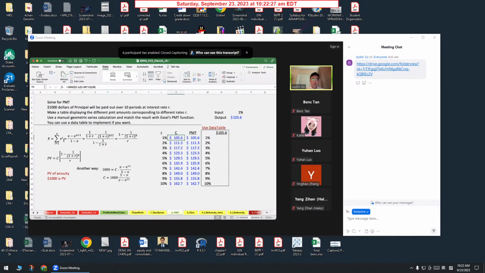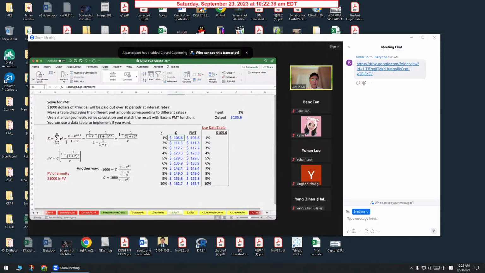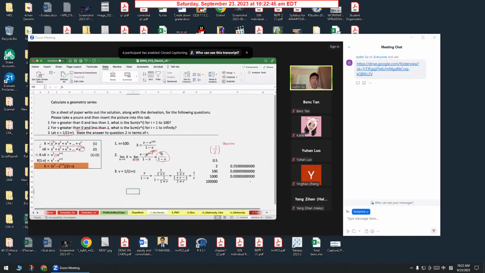Where does it come from? We saw this one, right? Geometric series. This sum here is expressed in this way, generalized with n. So v minus v to the n plus 1. But plug in 1 over 1 plus r instead of v.